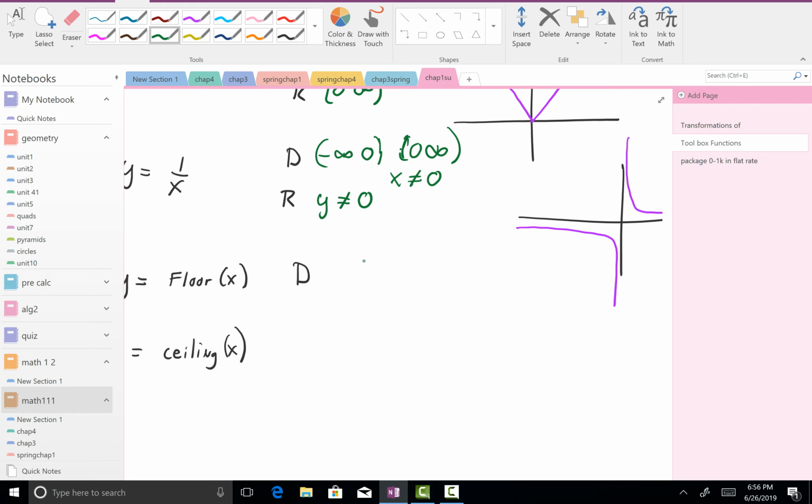So let's take a look here. So if we go y equals functions, miscellaneous, floor, x. Let me change this so we can get a better view. There we go. So what do we think? All real? Sure. Let's go for it.